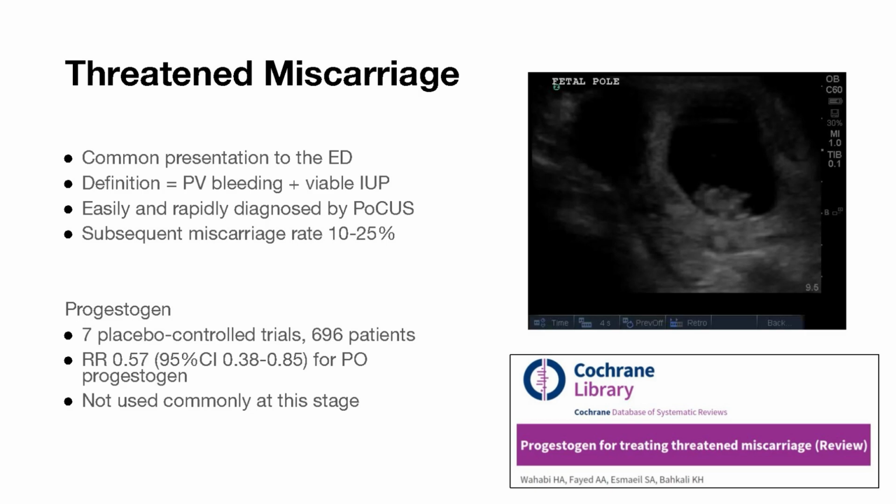The difficult thing with threatened miscarriage is quantifying the ongoing risk to the pregnancy, and the studies on this probably haven't been able to give us a clear incidence, and the subsequent miscarriage rate is probably somewhere between 10 to 20 or 10 to 25%.